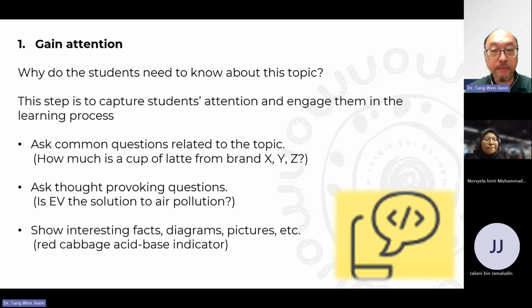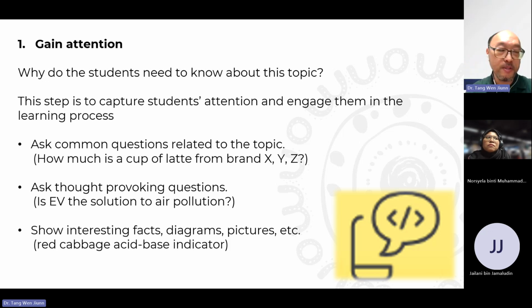Before we start, it's good if we can spend around 5 minutes just to gain their attention, because sometimes, especially with an 8 a.m. class, if we start on time, students won't be there. Students will slowly trickle in. If we jump straight in, the students will miss the important parts.